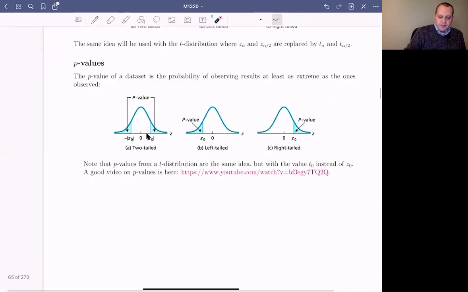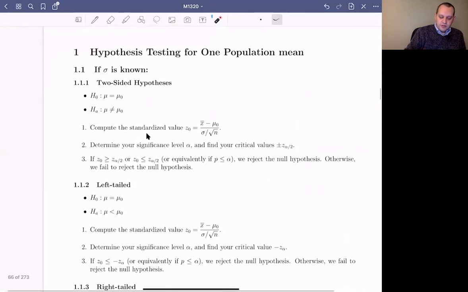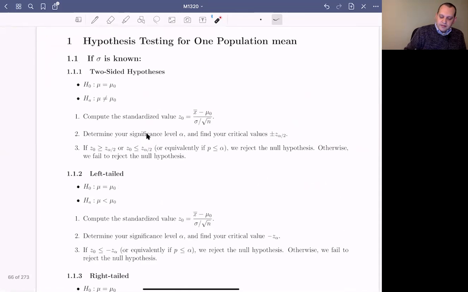So what this basically says for the critical value approach is you're going to compute the test statistic. You're going to determine your significance level ahead of time. And then from your significance level, you can find your critical value if you're going to do the critical value approach, and then you want to compare these. Does your standardized value fall in the rejection region or not?